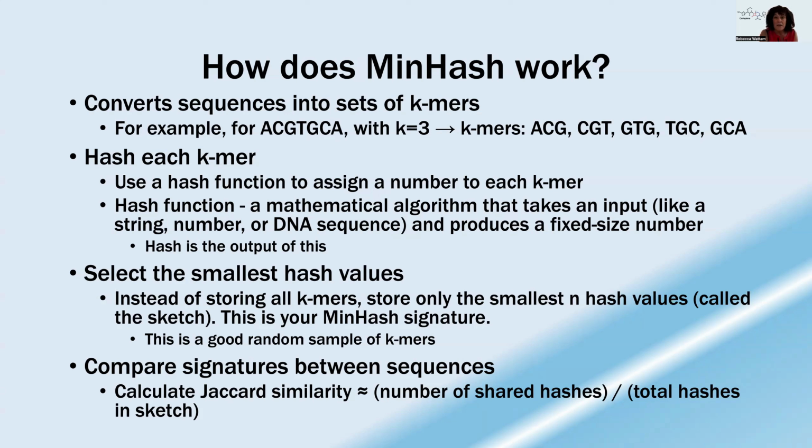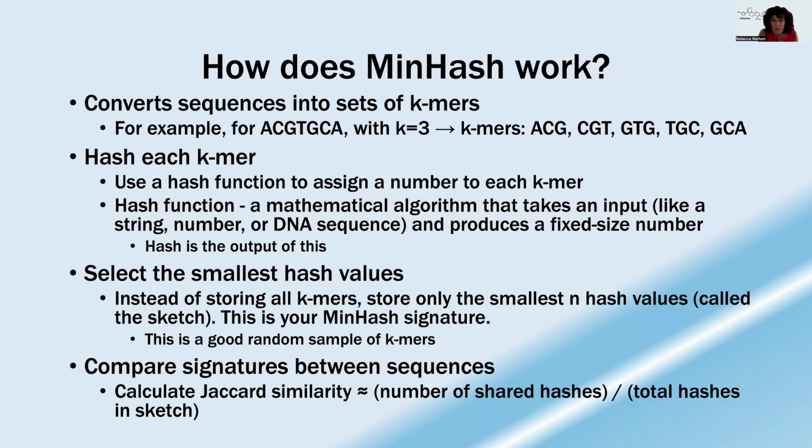You want it to equal 3, and it's going to cut that sequence into all the possible 3-mers. Then it will hash each of those k-mers, assigning a number to each one. This hash function is a mathematical algorithm that takes the DNA sequence and produces a fixed size number for that. And the hash is the output of this.